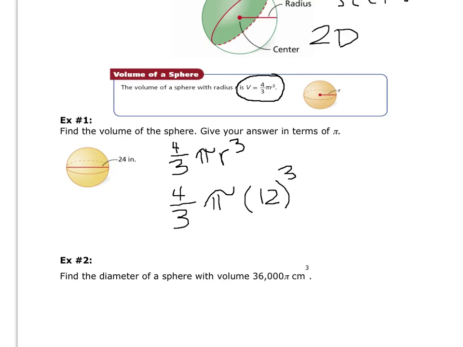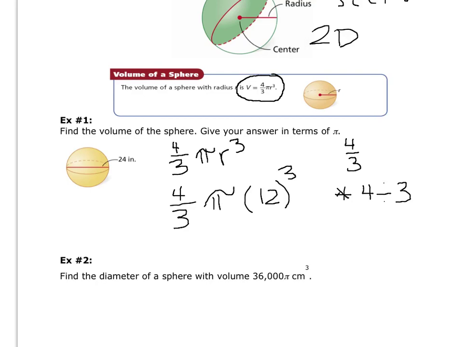after you cube 12, I would recommend dealing with 4/3. You can type that in as a fraction, or you can type into your calculator: multiply by 4, divide by 3. That's another way to keep from rounding that particular fraction.